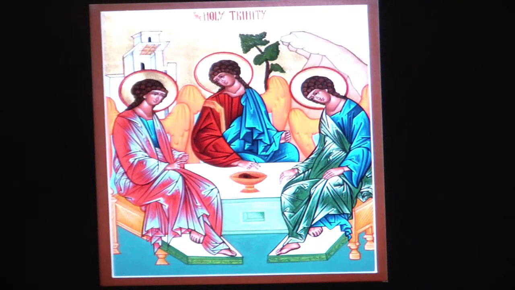Okay, so the reason why that halo does not have a cross is because, like I said, this is the only icon that is considered a canonical icon of the Holy Trinity. When this icon was done, there was not an ecumenical council, but a council in the Russian Orthodox Church. The person who did this is Russian, and his name is Andrei Rublev.